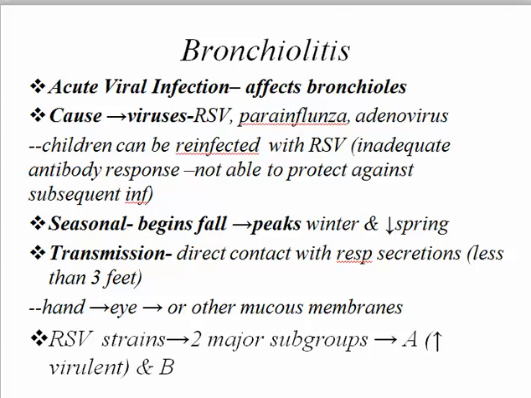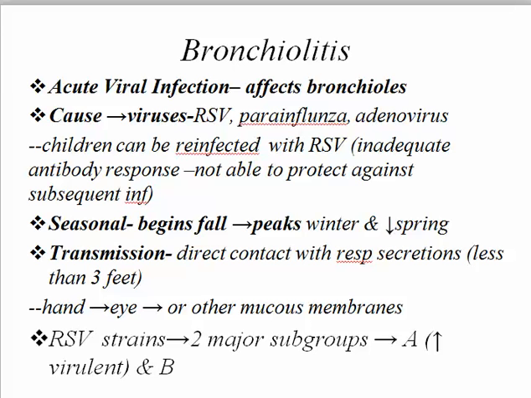All right, so now we're going to move on. We're going to talk about bronchiolitis. Bronchiolitis is an acute viral infection that affects the bronchioles. Most children develop bronchiolitis and pneumonia from subgroup A infections rather than subgroup B infections, and we'll talk a little bit more about that later in the slide. Some of the causes are different viruses.